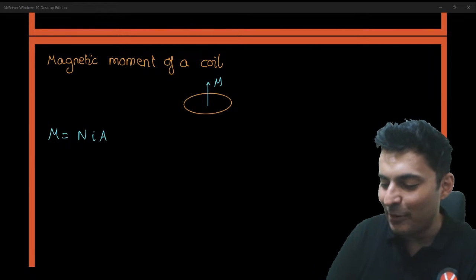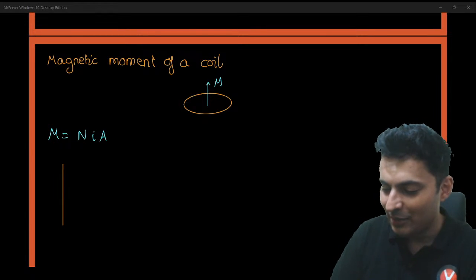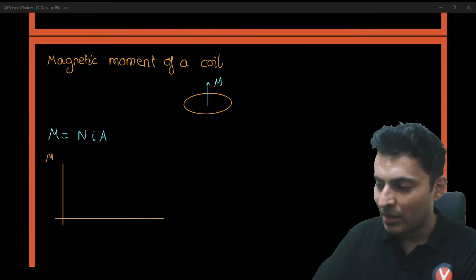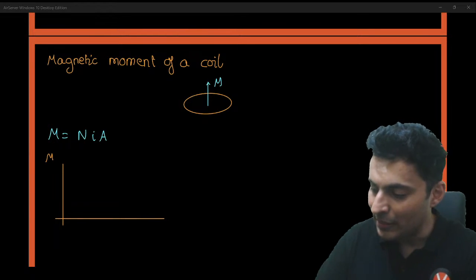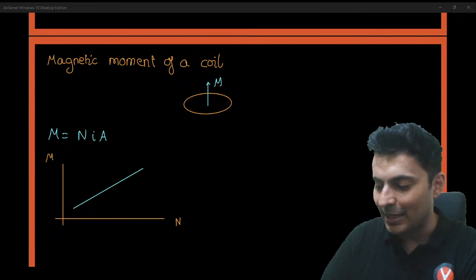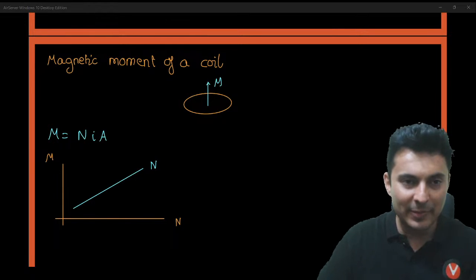Because it is NIA, what will happen? If you draw a graph of magnetic moment versus number of turns, ideally the graph should be a straight line. That's what you would expect.